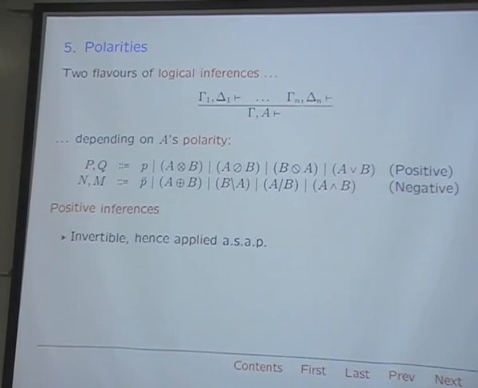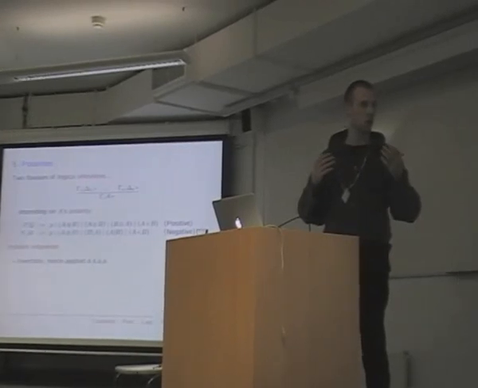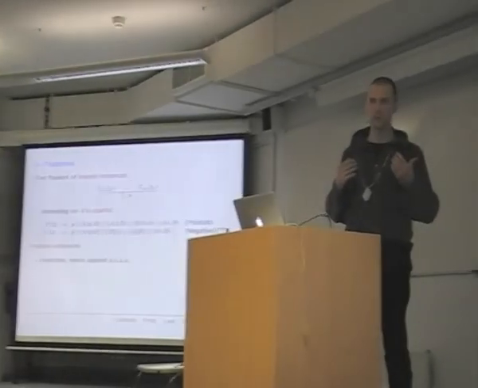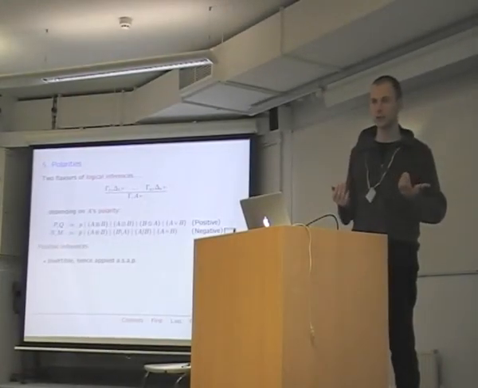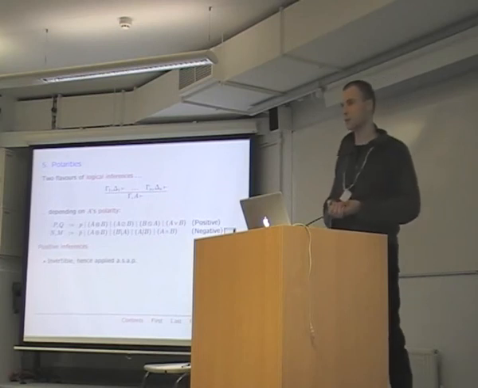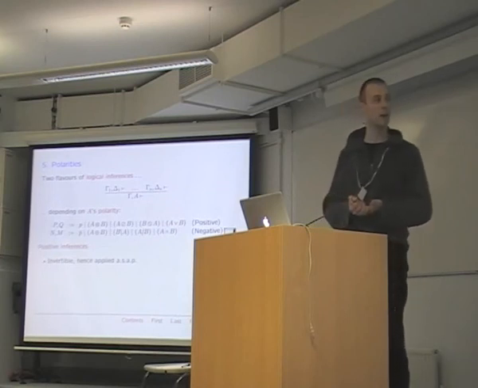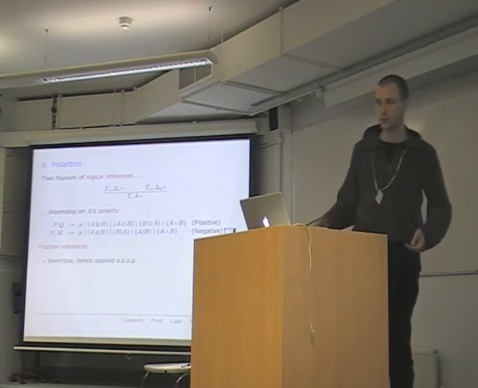Now, with a focused proof, a normal form proof, from a backward chaining perspective, where one tries to prove the sequent by working backwards towards the axioms, one will always try to apply the positive inferences as soon as possible. The intuition being that if one is trying to settle provability, a positive step is always the safer path.